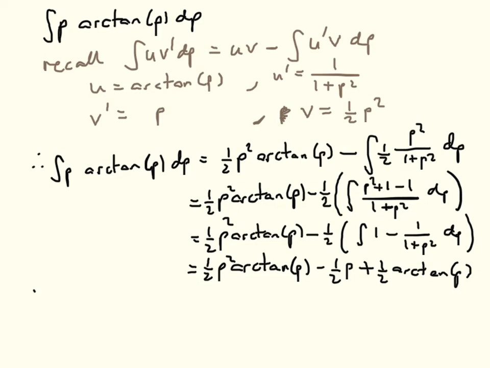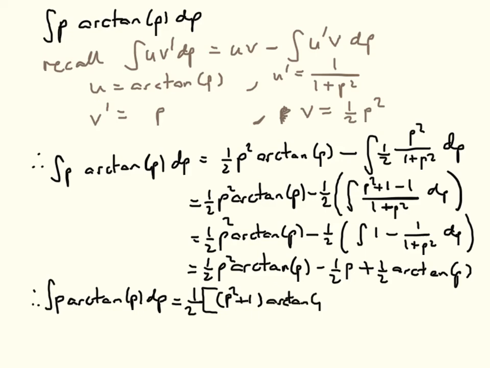So therefore, the integral of p times the arctangent of p with respect to p is, there is a common factor of 1/2, and we have p squared plus 1 times the arctangent of p minus p on its own.